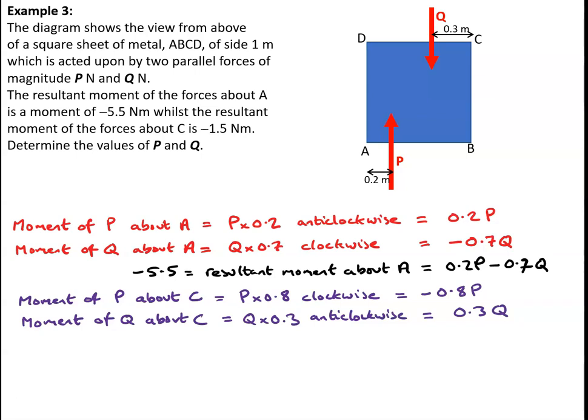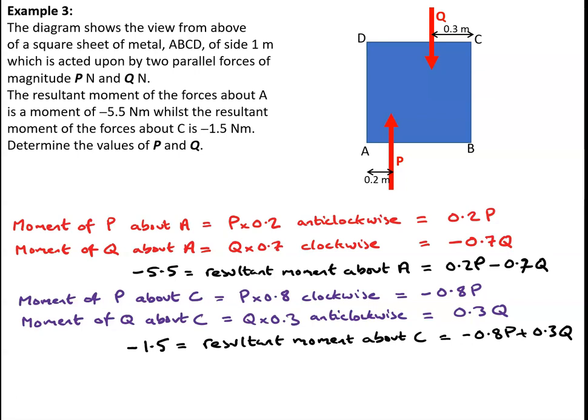So that gives me a moment of 0.3Q. We know that the resultant moment about C is minus 1.5 Newton meters. So I've got minus 1.5 equals minus 0.8P plus 0.3Q.